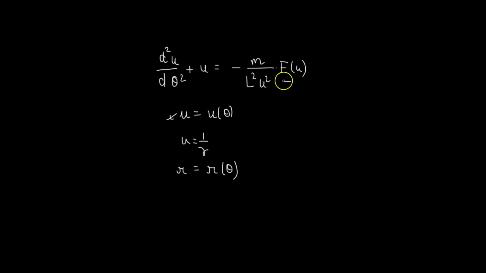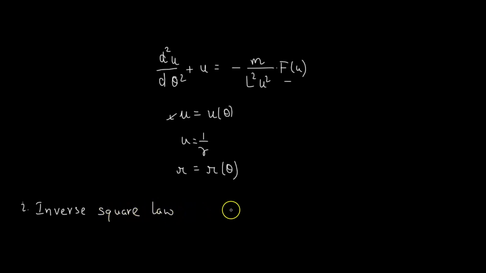So what we'll try to do in today's lecture, we'll consider a very special type of force, and using that particular value of force, we'll try to understand what kind of orbit the particle undergoes. This special type of central force is referred to as the inverse square law.